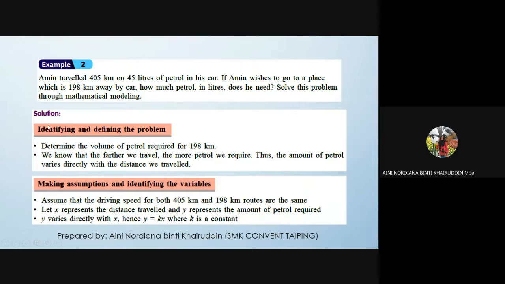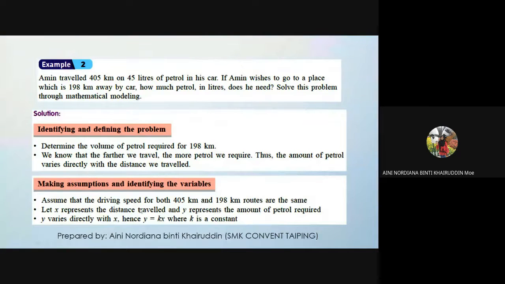Okay, second step, making assumption and identifying the variables. So assume that the driving speed for both 405 km and 198 km routes are the same. Sebab speed ni pun mempengaruhi petrol.